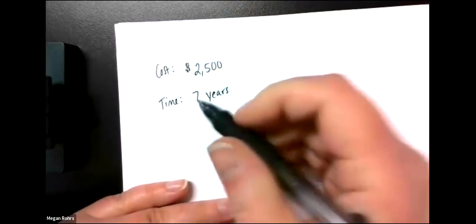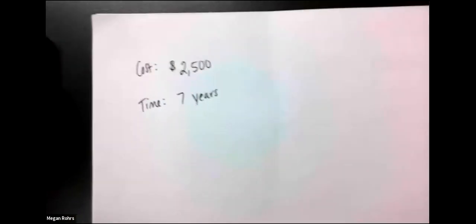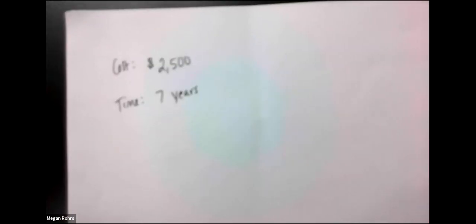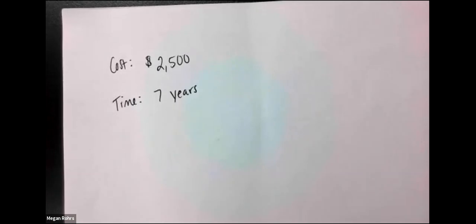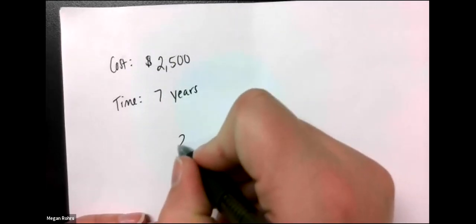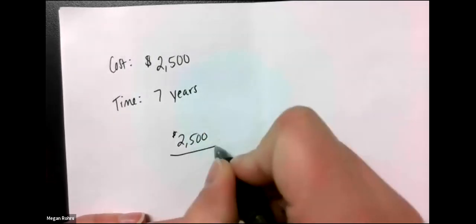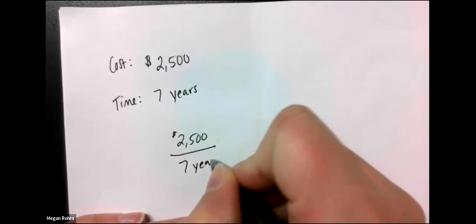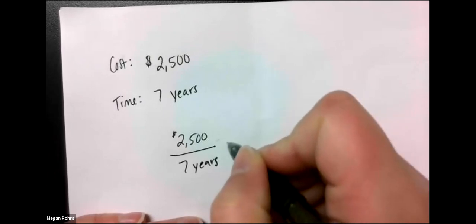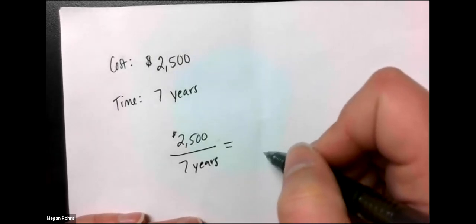So we expect that computer to last us at least 7 years and still be working well. So when we're calculating depreciation, all we do is just take the cost, 2,500, and we divide that by the 7 years. So this is going to give us the annual depreciation.